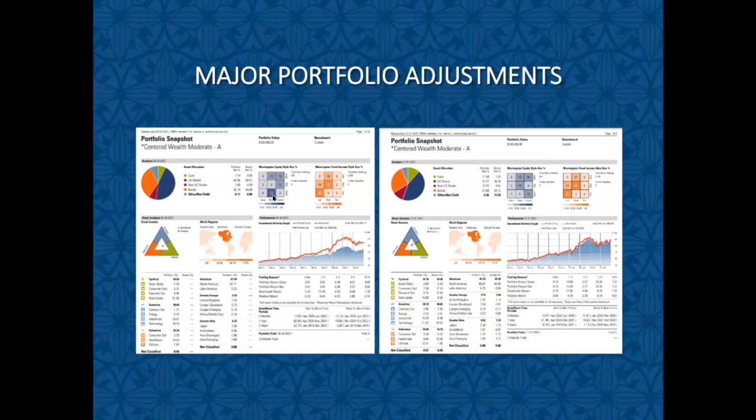And so you can see that in the dark blue right here. That's an indication of small company holdings that we had in our previous mix of this portfolio. And that really did well for us in 2020. The orange line here is our portfolio performance versus the overall benchmark.